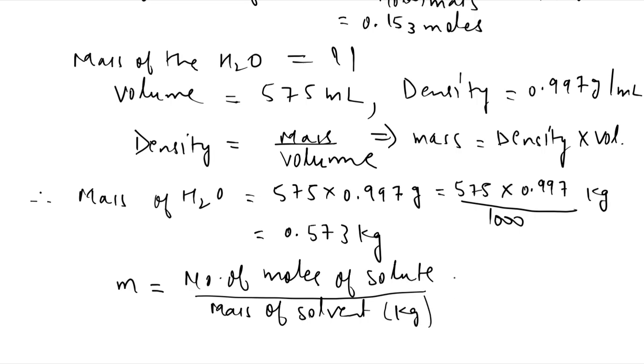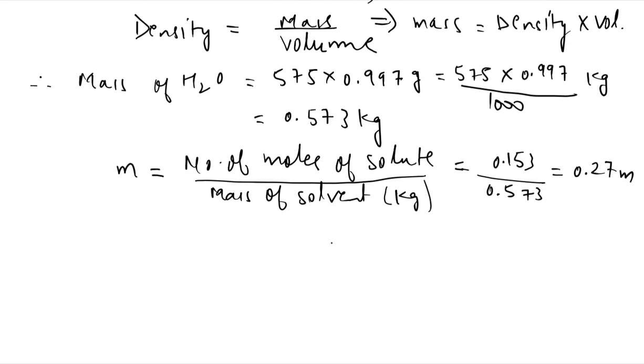So this will be 0.153 divided by 0.573. So we will get 0.27 mole. Okay, alright. So this was about the molality. Okay, now we are moving to the next concept, that is mole fraction.